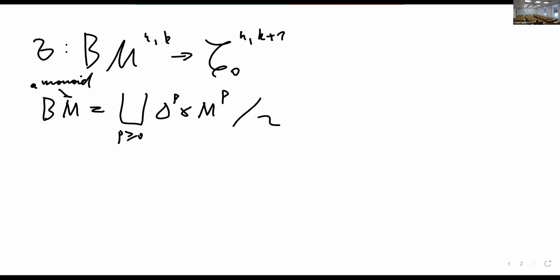We take the disjoint union of all products delta p cross mp, and then we quotient out by the equivalence relation, which involves basically the product in the monoid.